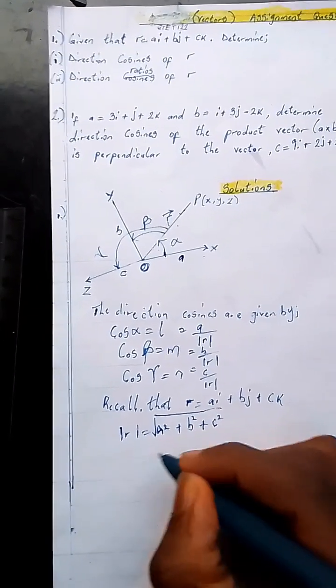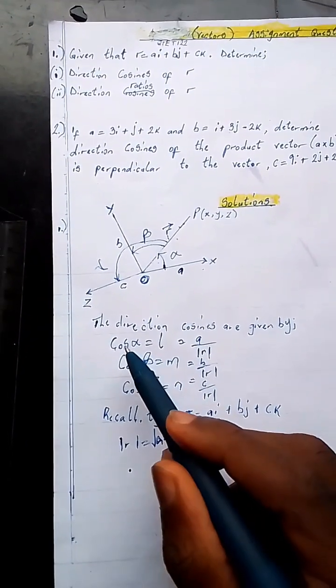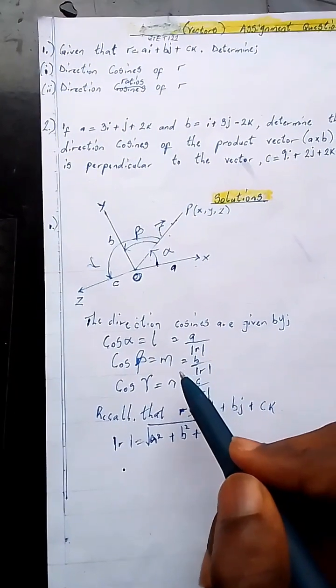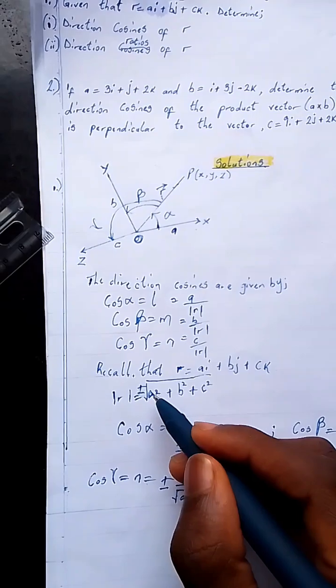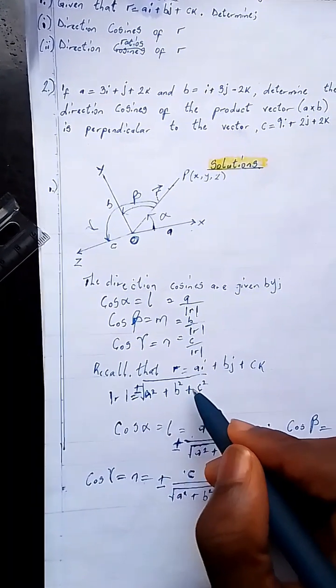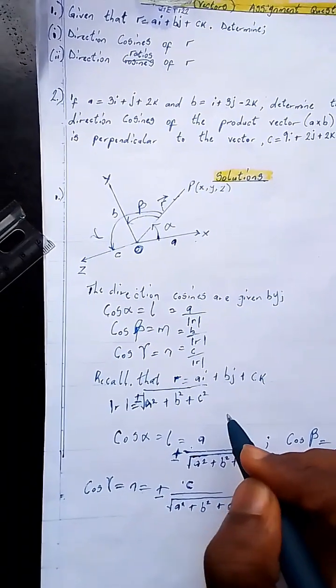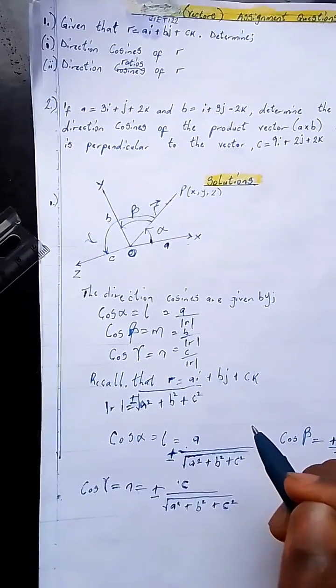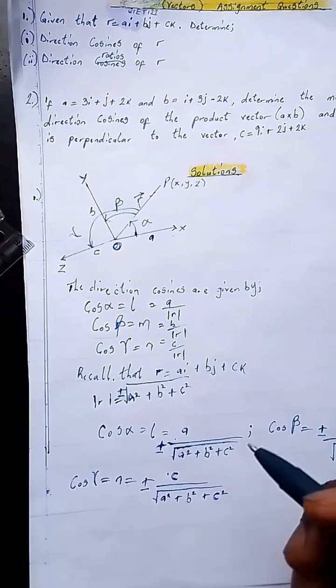So now from there we substitute in the values for cos alpha. Note that the modulus of R is equal to plus or minus the square root of a squared plus b squared plus c squared, because if you take the square root of any number, it's always plus or minus. The square root of 4 is plus or minus 2.